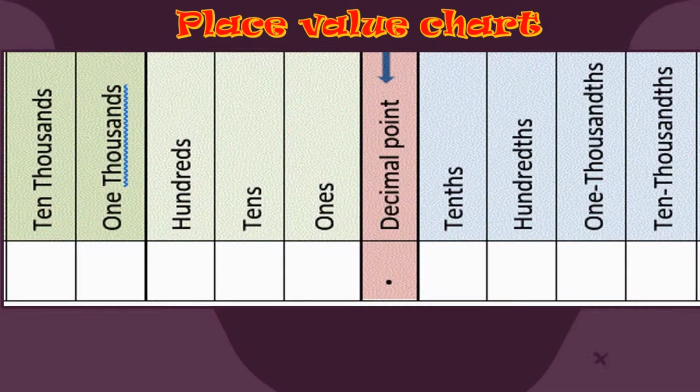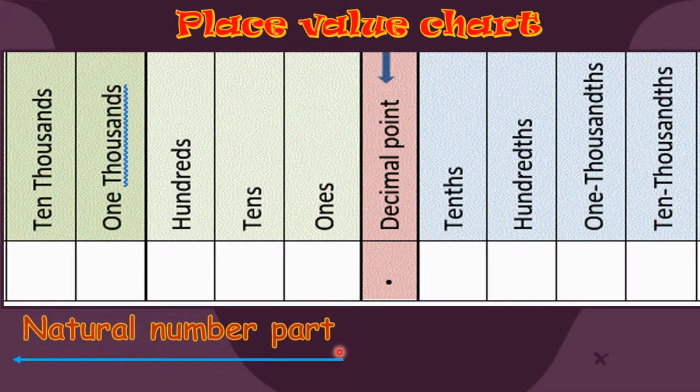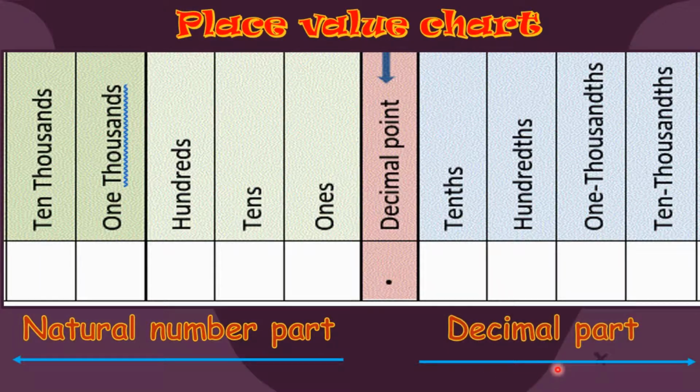As you can see, on the left side of the decimal point, it's the natural number part, and on the right side of the decimal point, it is the decimal part. You have already studied how to write the place values of natural numbers. You know that the first place before the decimal is the ones place and its place value is 1.